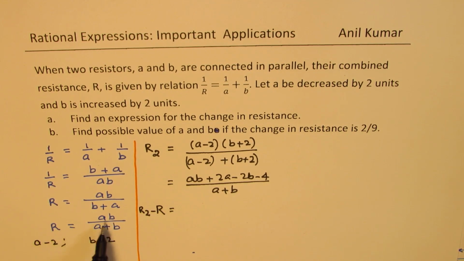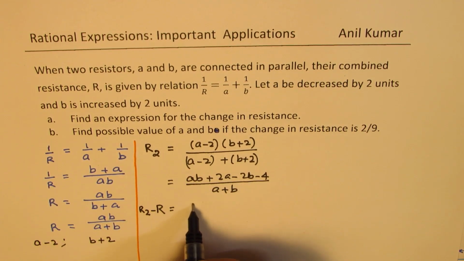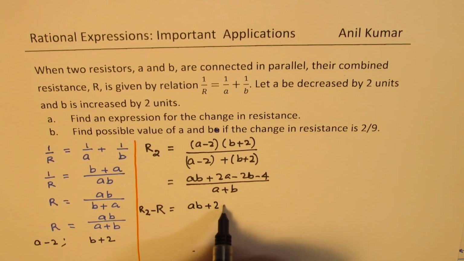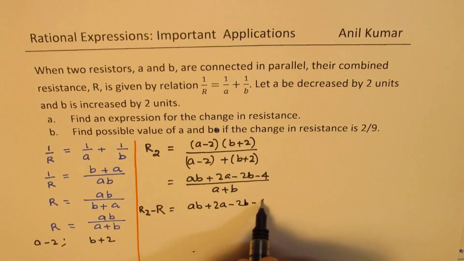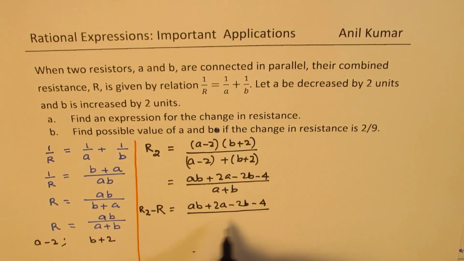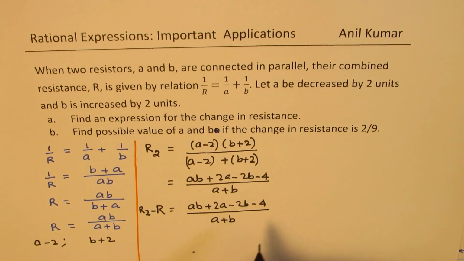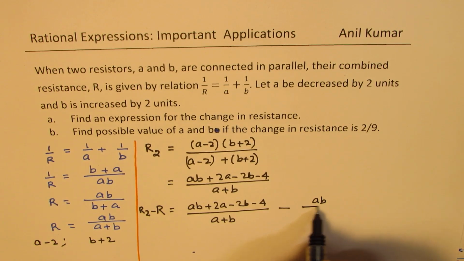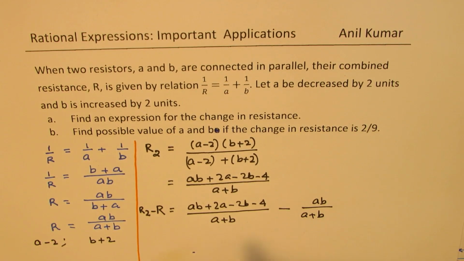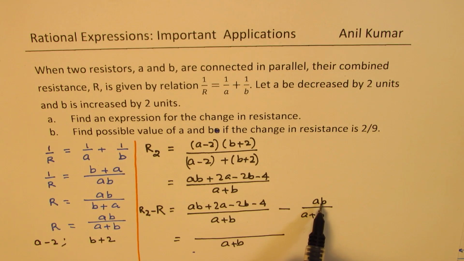Now R for us is AB over A plus B, and R2 is all this. Let's write it down. We have AB plus 2A minus 2B minus 4 divided by A plus B. From this, let's take away AB over A plus B. With the common denominator of A plus B, AB minus AB is 0.